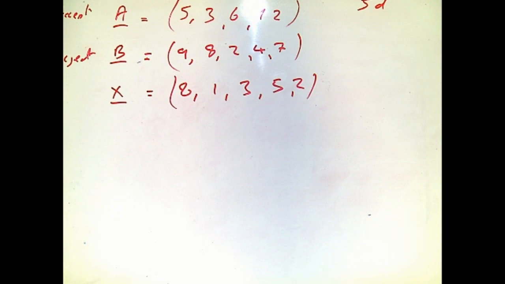Now, to save time, the first 2 rows, this row and this row, work out the Euclidean distance AX. These 2 rows, work out the Euclidean distance BX.